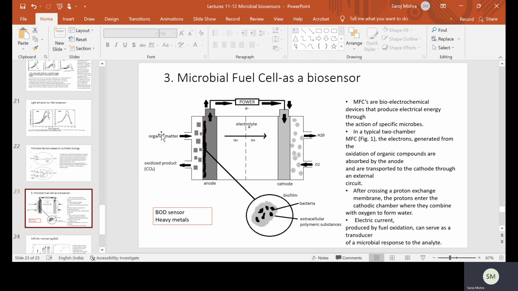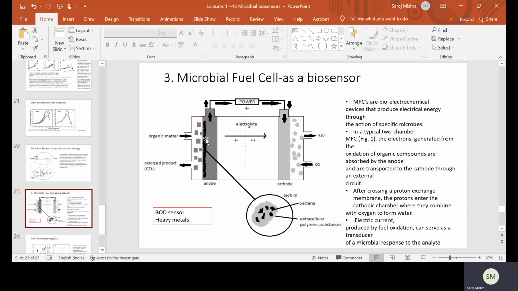All the hydrogens, remember, in the organic matter, CO goes away as carbon dioxide, and all the electrons or the hydrogens internally within a microbial cell are accepted by NADH, or by the various cytochromes, and oxygen comes in as a terminal electron acceptor. In this group of bacteria which you use in the microbial fuel cell, these bacteria externally donate these electrons to the anode.